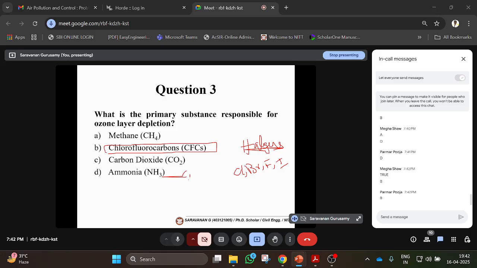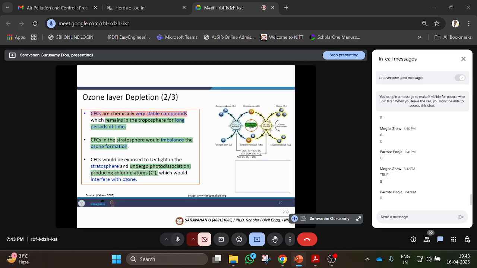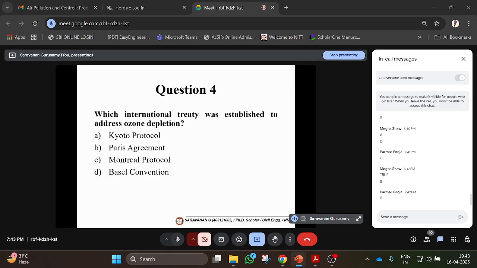If it is only carbon and H, there is no problem, I can say it's a reduced problem to the ozone layer. So chlorofluorocarbons are emitted from refrigerants or any coolant we are using. That's why nowadays all the refrigerants are changed to cleaner refrigerants that don't have any halogens. So chlorofluorocarbons are the major cause of ozone layer depletion in the stratosphere.